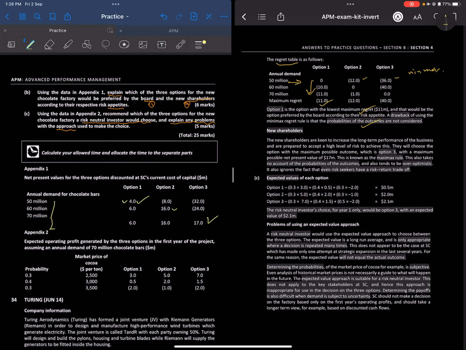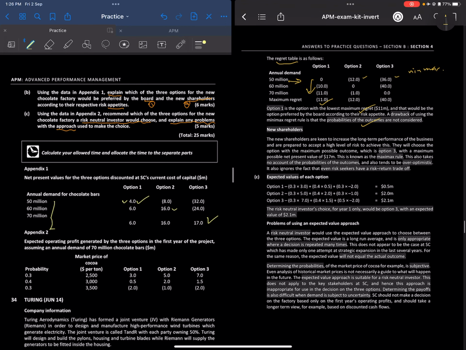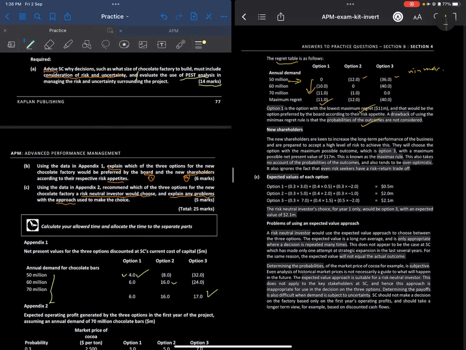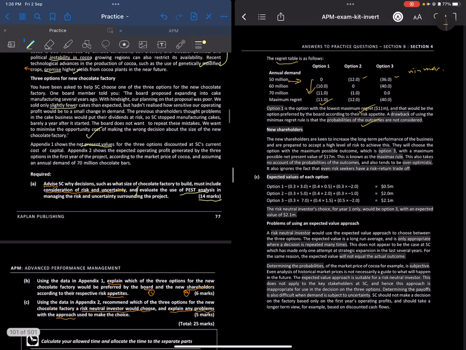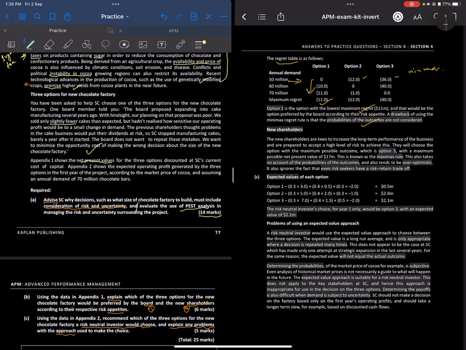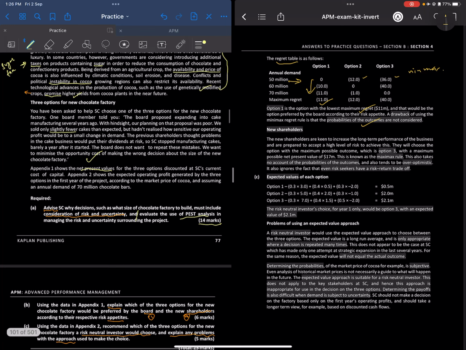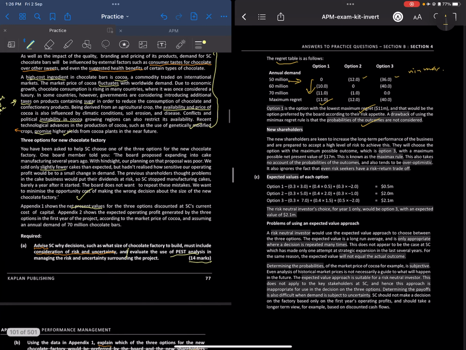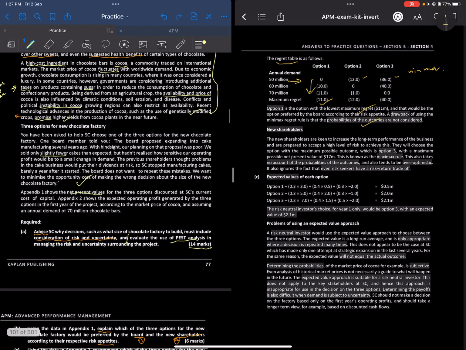And for new shareholders, they want what? So we need to consider them as well, right? So what were they saying? That the new shareholders are willing to accept high levels of risk, right?